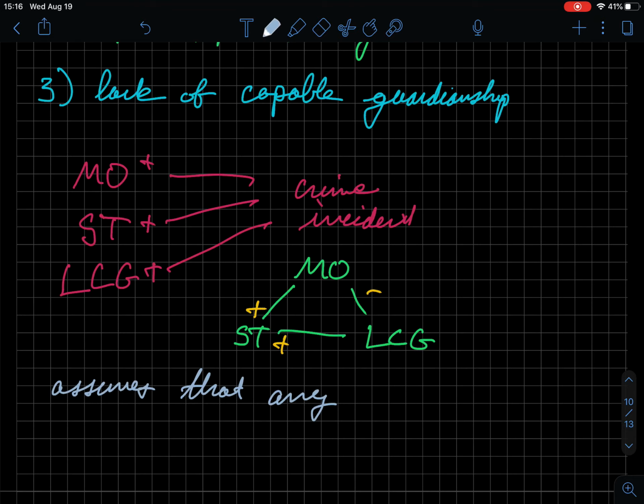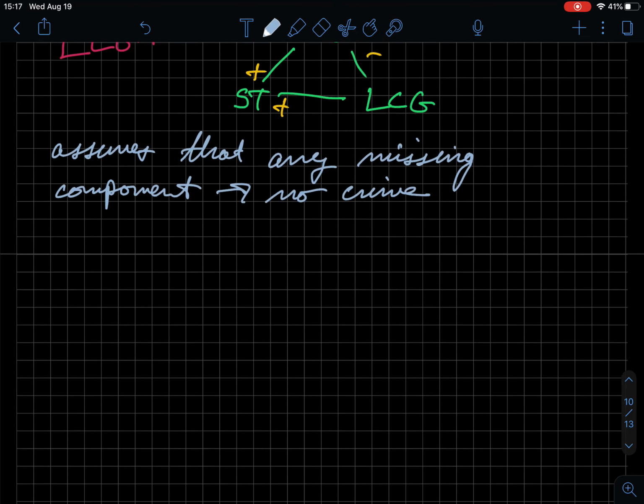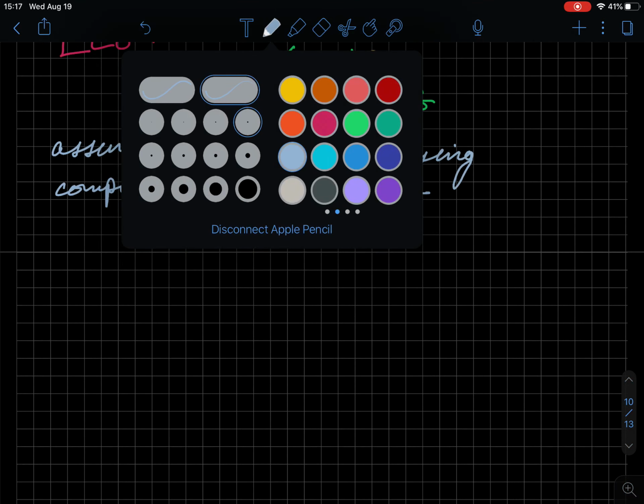If there is capable guardianship, then a crime should not occur, right? So it assumes that any missing component equals no crime.